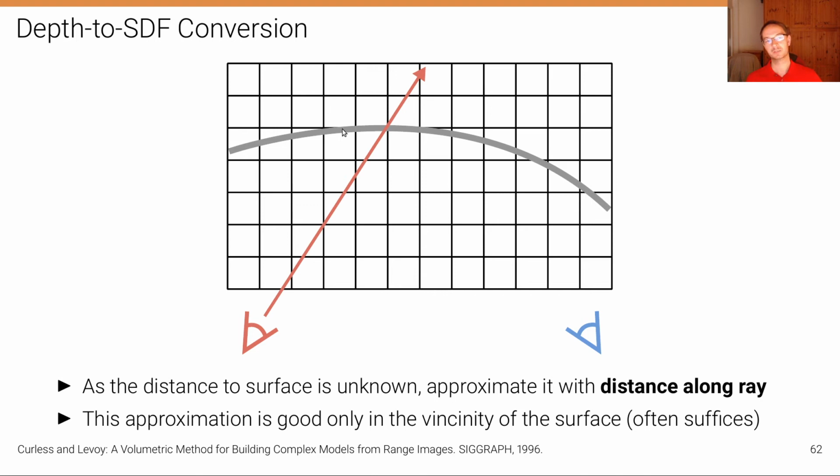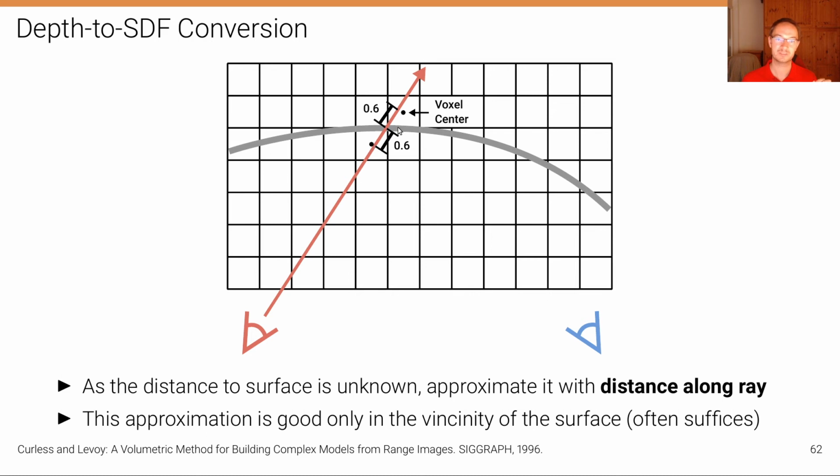And therefore, what SDF fusion methods often do is they assume, and depending on the complexity of the geometry this is a better or worse assumption, that this distance to the surface can be approximated with the distance along the ray. So here we have the distance along the ray. This is not the distance to the surface, right? The distance to the surface here might be 0.5, but the distance is slightly larger because we're measuring distance to the intersection along the ray from the voxel center.